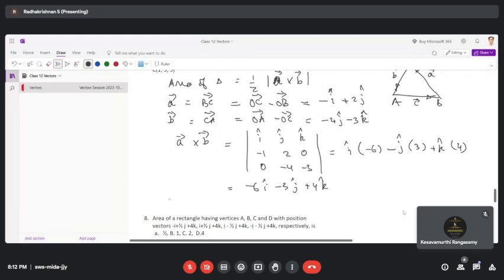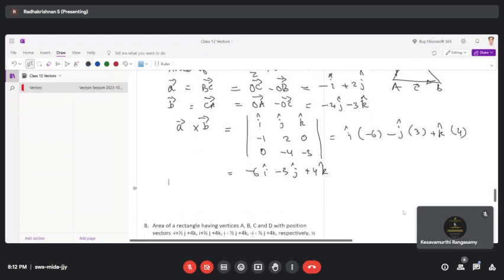So what is the magnitude of A cross B now? Square root of 6 square plus 3 square plus 4 square, which is square root of 61.